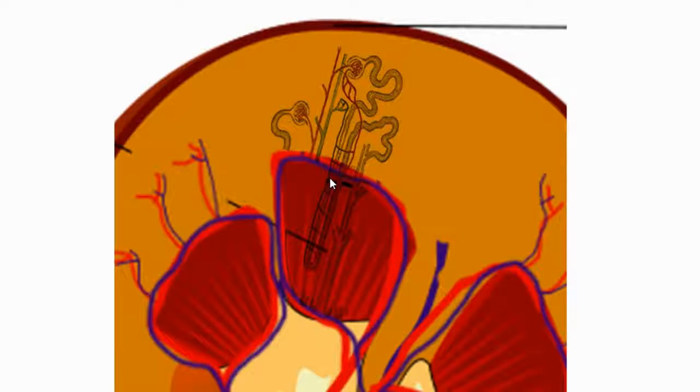So in the medulla we've got this part of the renal tubule that has this U-shaped hairpin bend, and this is called the loop of Henle, and this sits in the medullary pyramid. But the renal corpuscle is always in the cortex, and the loop of Henle is always in the medullary pyramid.